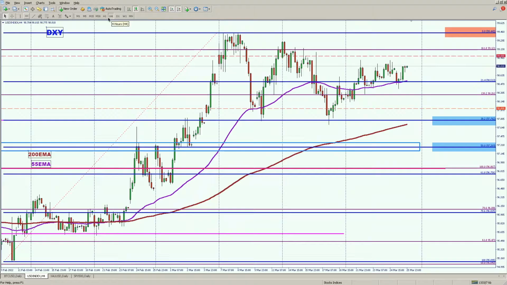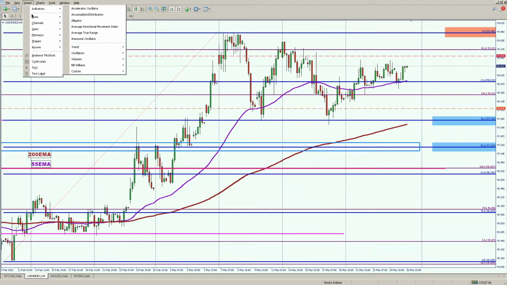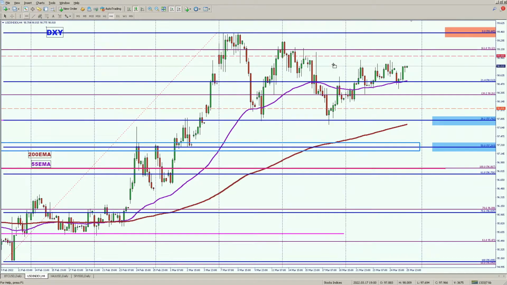Let's take a look on the 4-hour time frame. This is for the whole of last week, and it's been basically consolidating and just ranging in a fairly tight range here. So just consolidating in here.